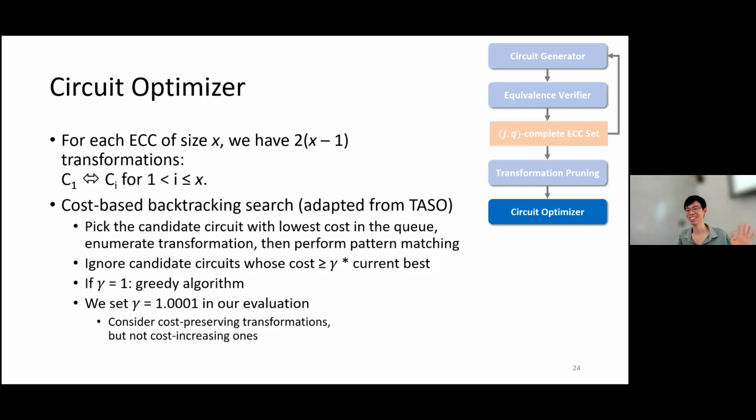So what makes this difference? This means it considers cost-preserving transformations, but not cost-increasing ones. So it allows transformations that don't change the number of gates to happen.